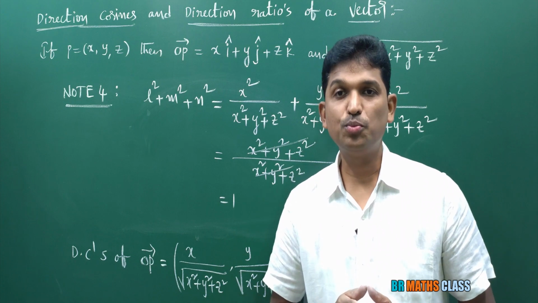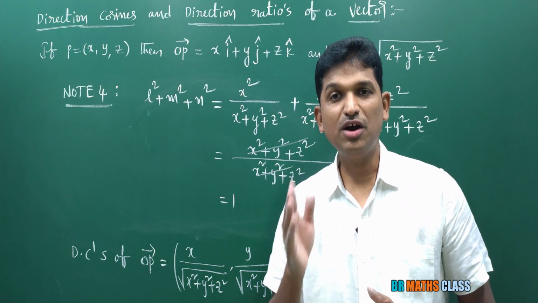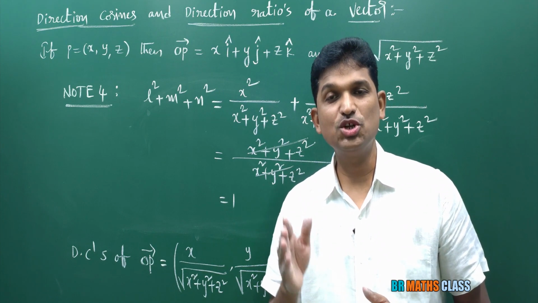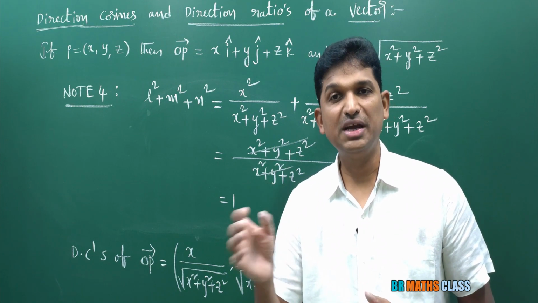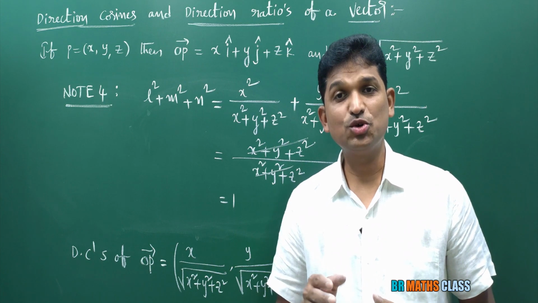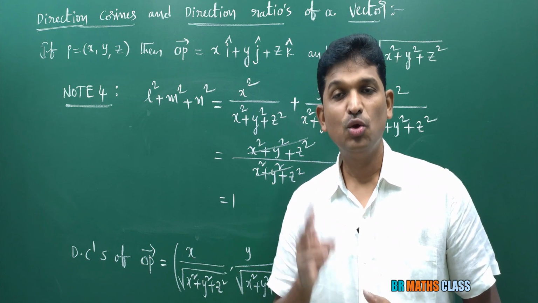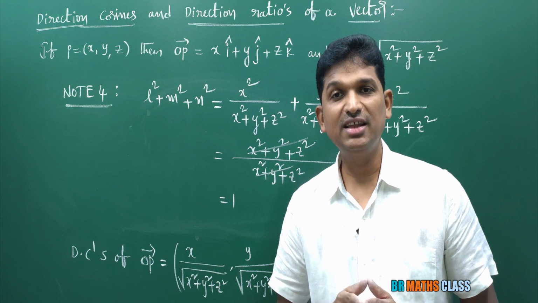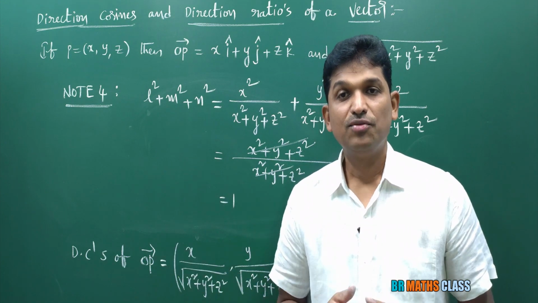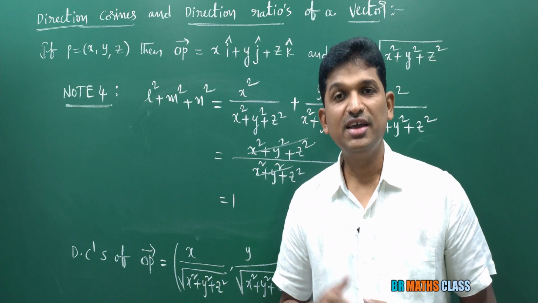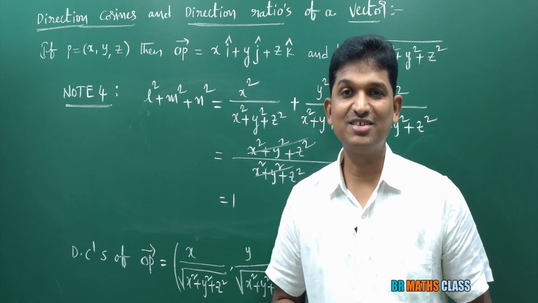What is the first note point? If cos alpha, cos beta, cos gamma are the direction cosines of a vector OP bar, then minus cos alpha, minus cos beta, minus cos gamma are the direction cosines of the vector PO bar. What is the second note point? Direction cosines of a vector are denoted by L, M, N. From now onwards, L means cos alpha, M means cos beta, N means cos gamma.